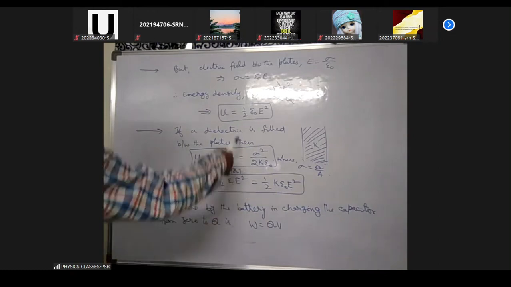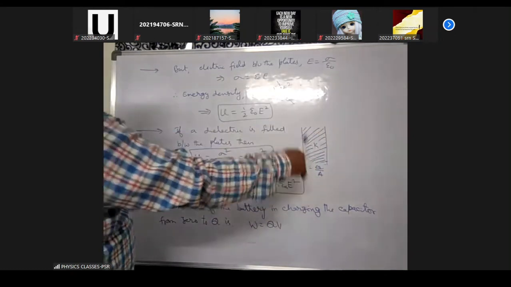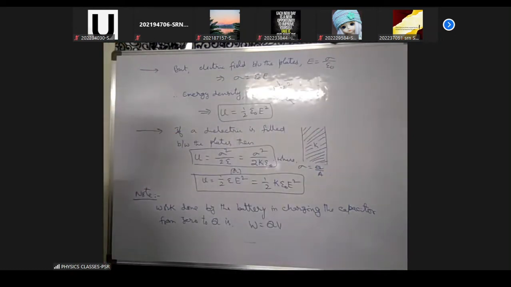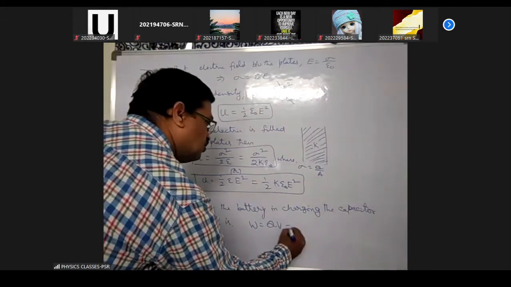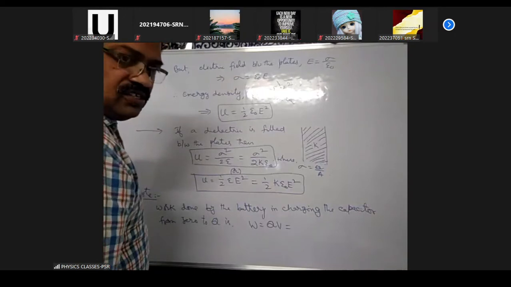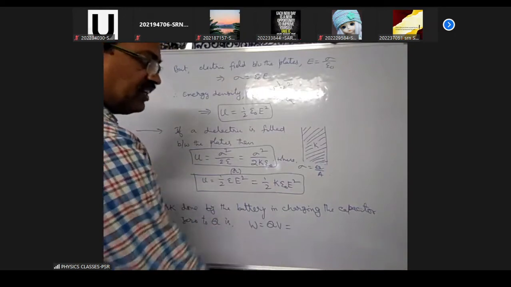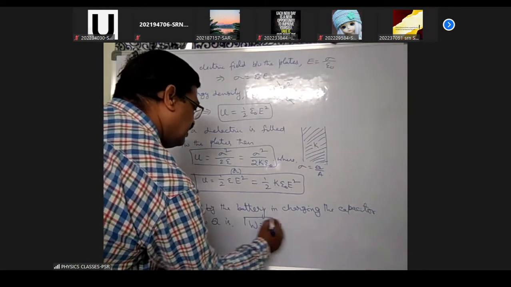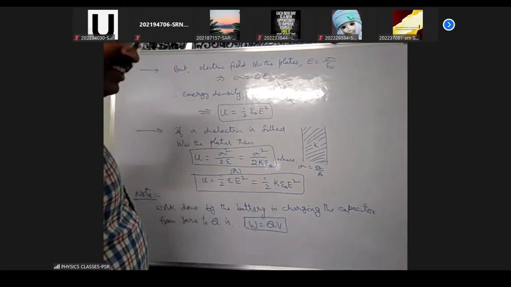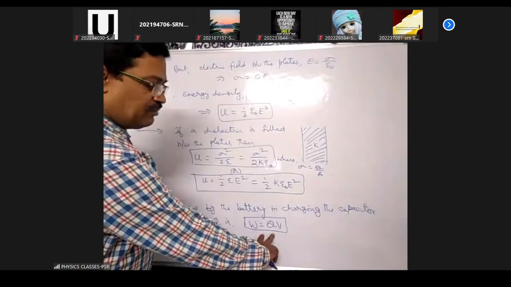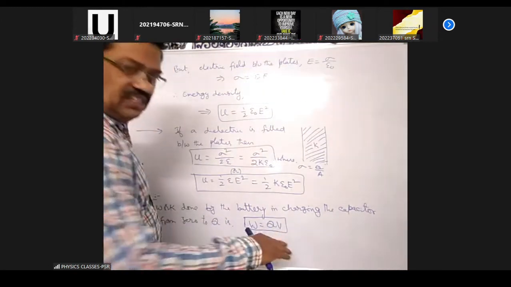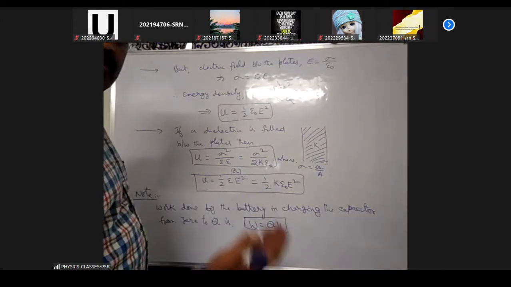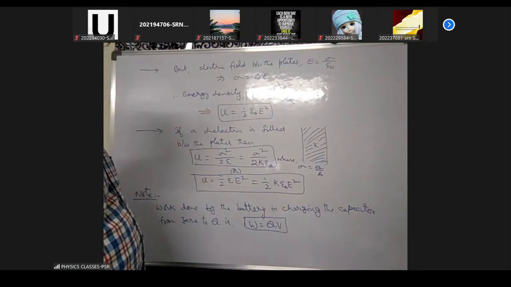But what is the energy stored in it? Capital U, which is equal to half QV. Right, very good. But the total work done by the battery is QV, in which half of the work done is stored as electrostatic potential energy.